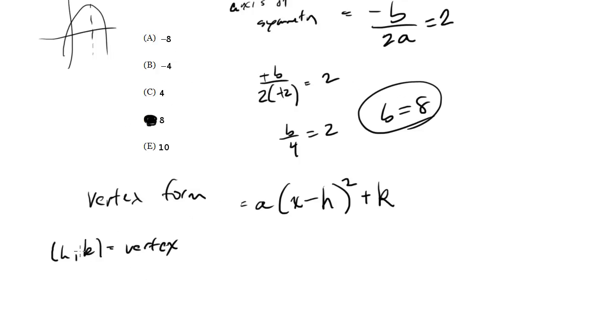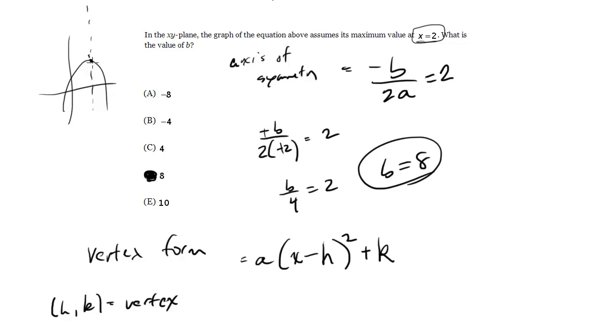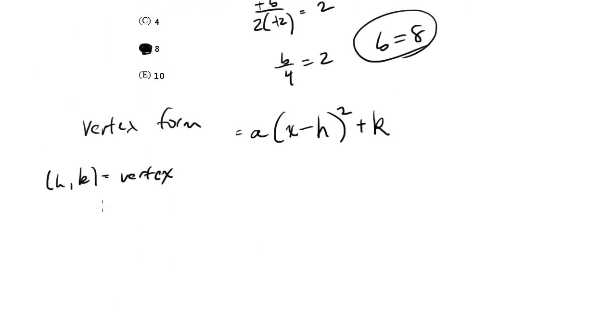The x-coordinate of the vertex is the axis of symmetry. It's the place where the parabola turns. So this h value is equal to the place where this parabola turns around, which is going to be at the maximum value, right? Going back up here, this is that point where it turns around. This is the vertex. And here they tell us that the x value of that vertex, of that maximum value, is going to be 2.